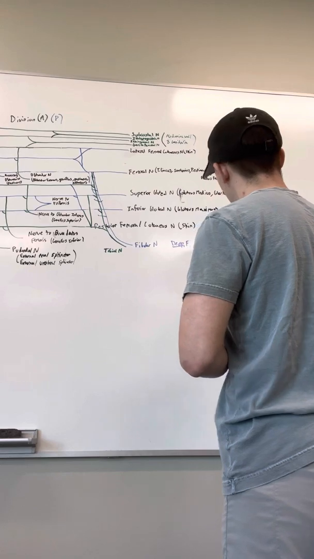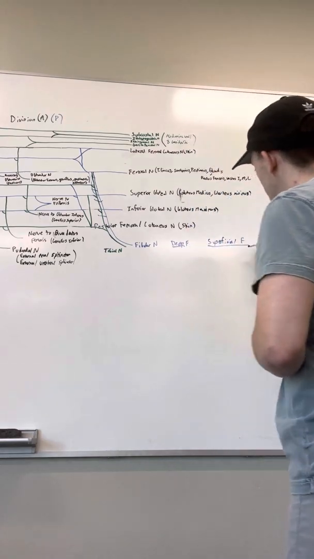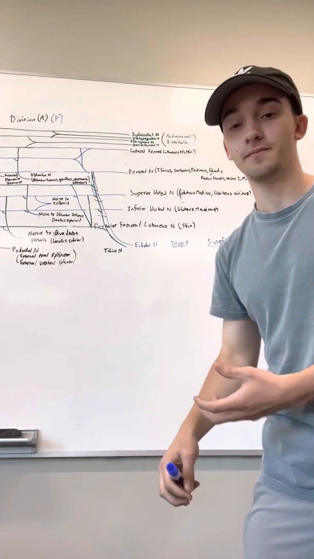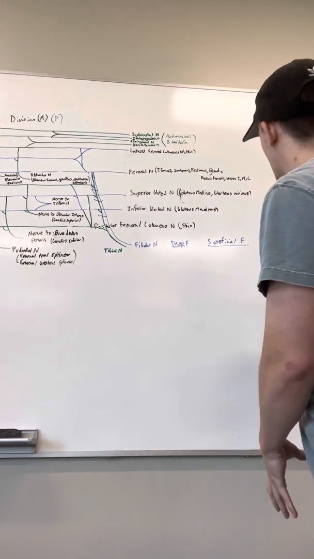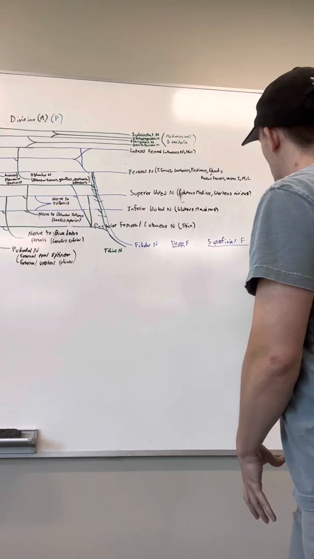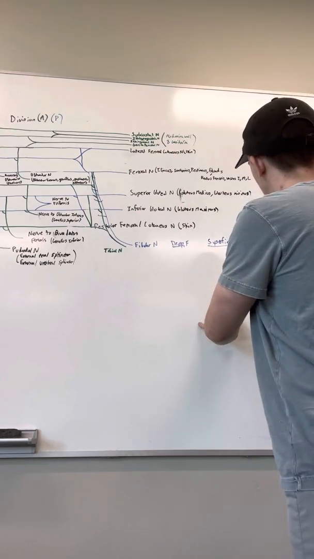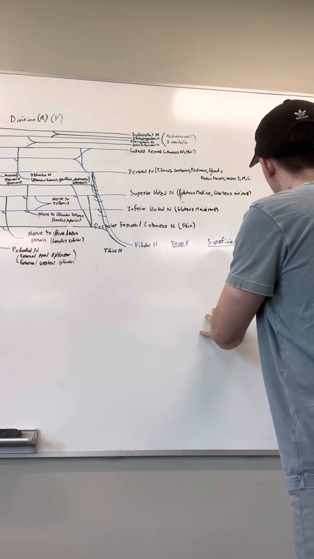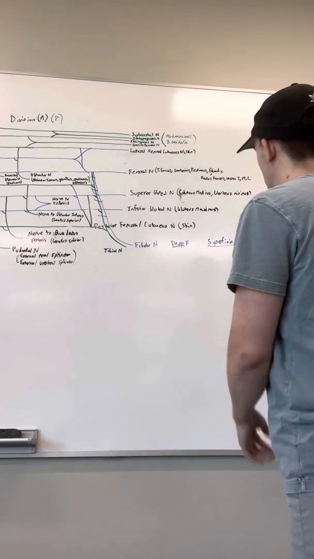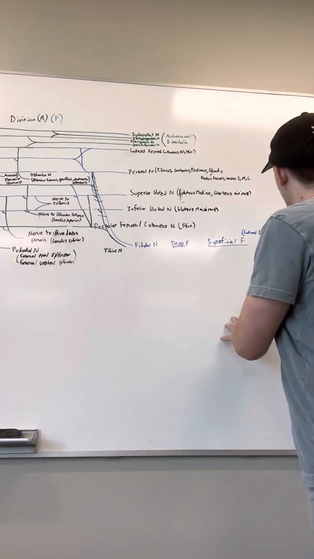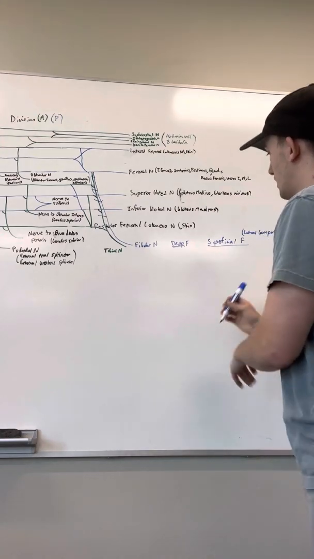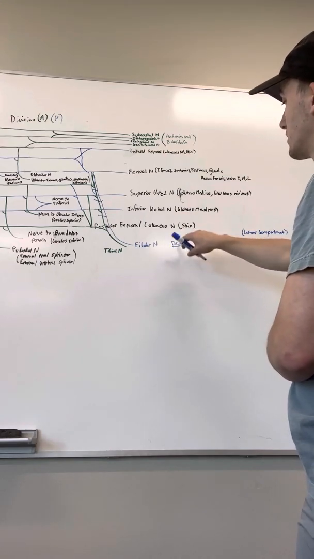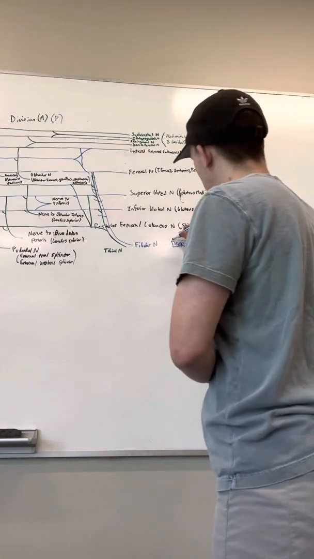The superficial fibular is going to innervate the lateral compartment of the leg. The deep fibular is going to be the anterior compartment.